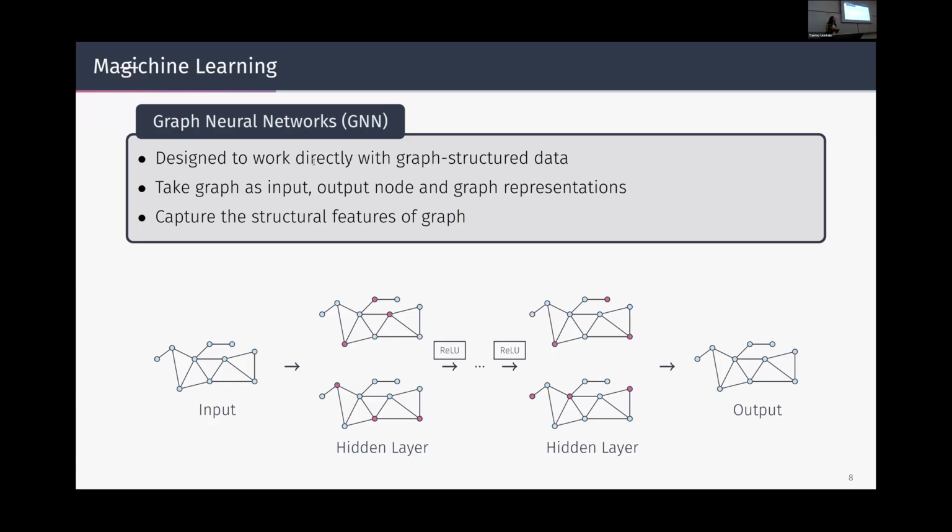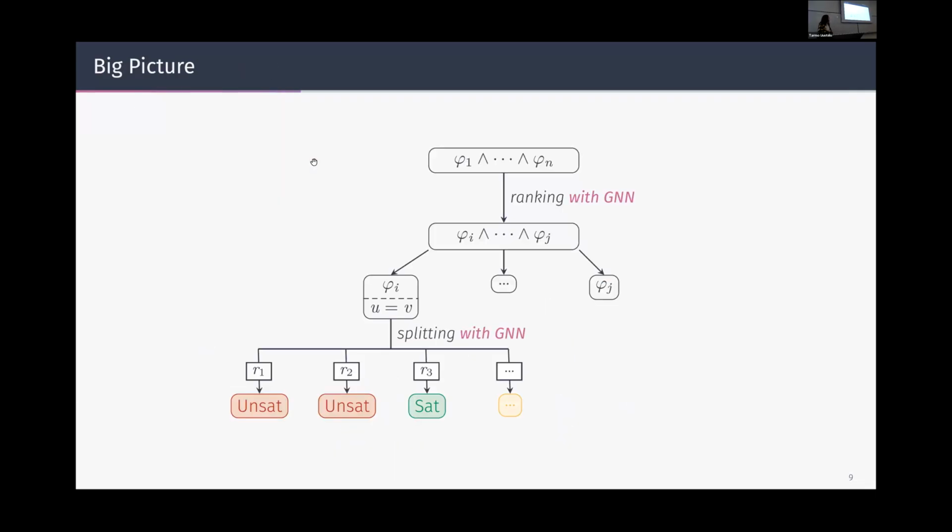And in particular, they are very useful to capture the structural features of a graph. And this is what interests us because our data and our problem were very easy to represent as a graph. So we use GNN, and we start by addressing the splitting issue, how we can use GNN to solve one word equation.